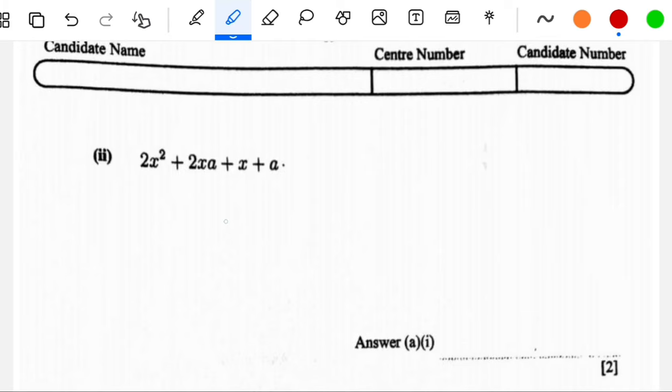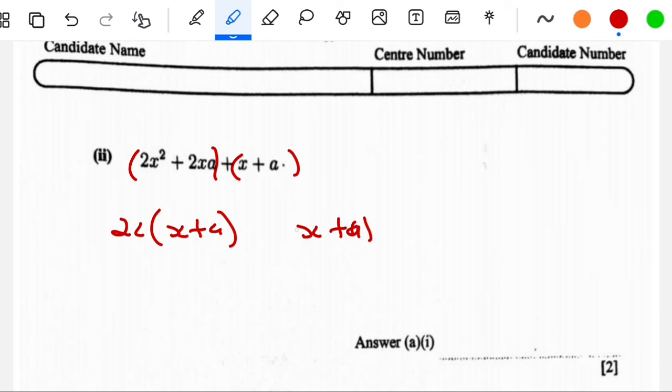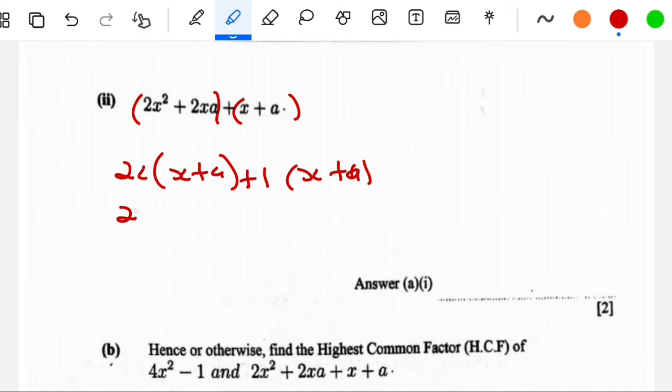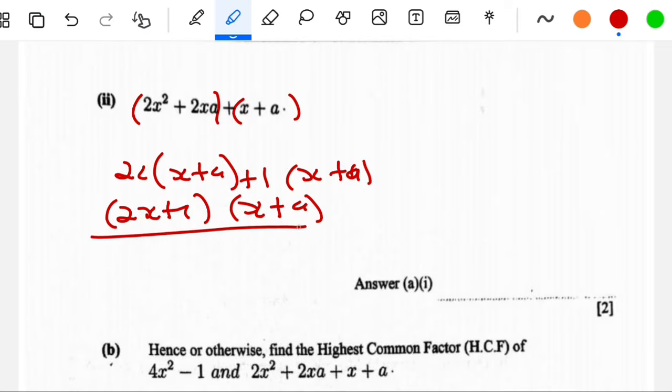So I can group this one and have this and this. This side is going to be 2x, then remain with x plus a, then x plus a, 1 there, then 2x plus 1, x plus a as my answer there.